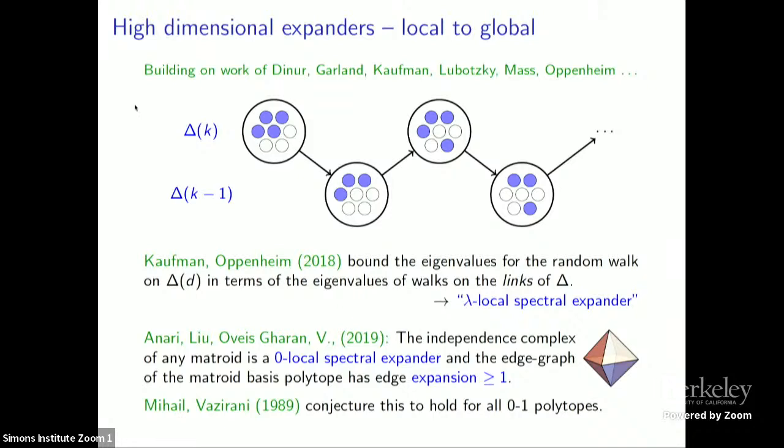So in fact, the independence complex of any matroid is a 0 local spectral expander, so it satisfies this condition. And in fact, one can use that to show many things, but in particular, for example, that the edge graph of the 0, 1 polytope I told you about before has expansion at least 1.